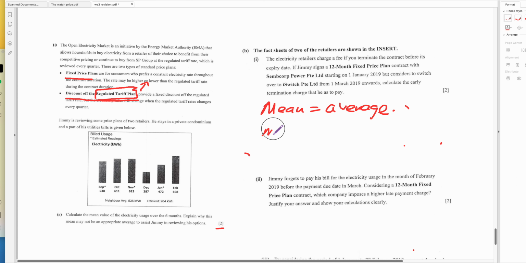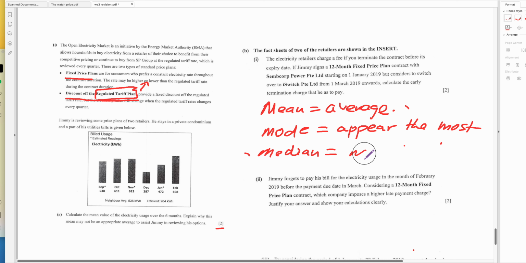Then mode, the number that occurs the most, or appeared the most. Median, the middle number.